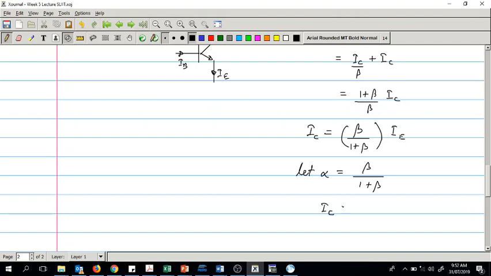So IC is equal to alpha IE. Now this is one relationship, the relationship between alpha and beta.